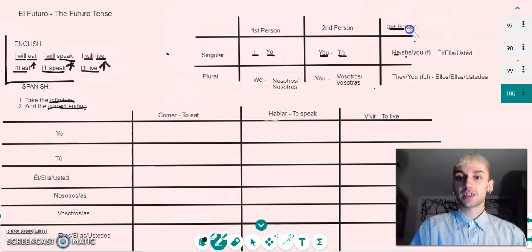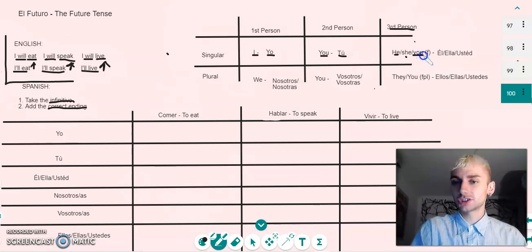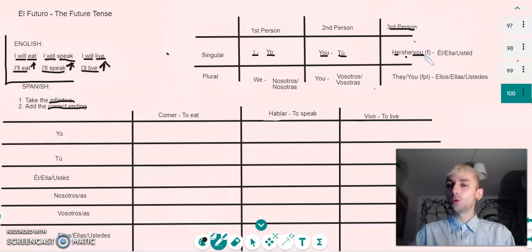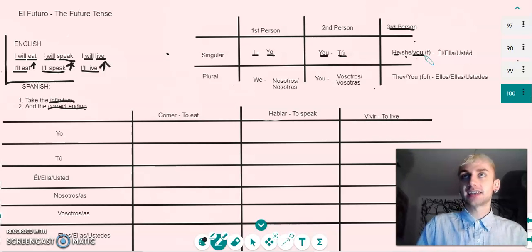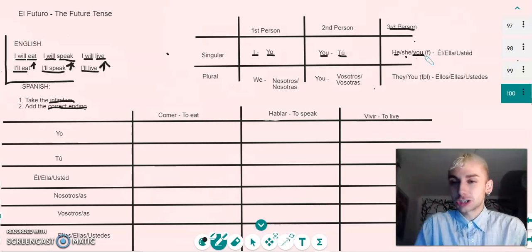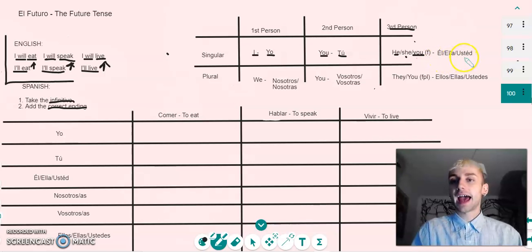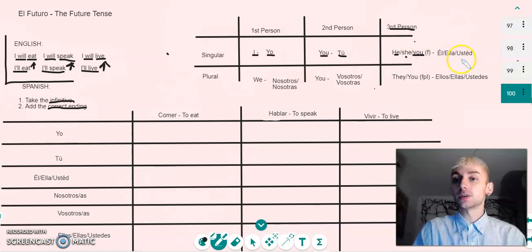We have the third person singular, which is he or she in English, and in Spanish, él or ella. And we also have this strange type of you in Spanish, which is a formal you. You would usually use this when you are speaking to someone higher up than you, maybe a teacher, an employer, your boss. The equivalent for that is usted in Spanish.